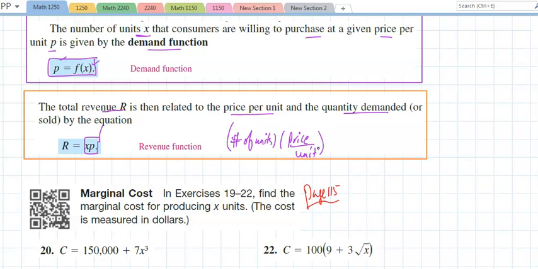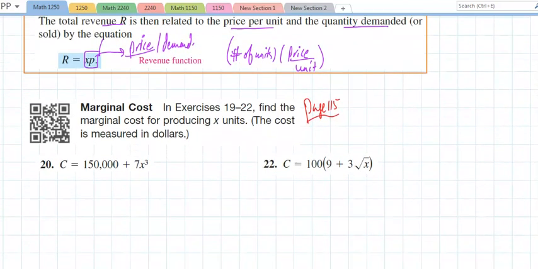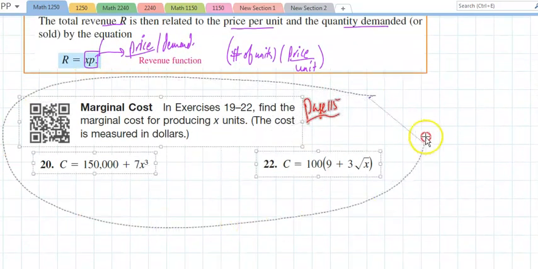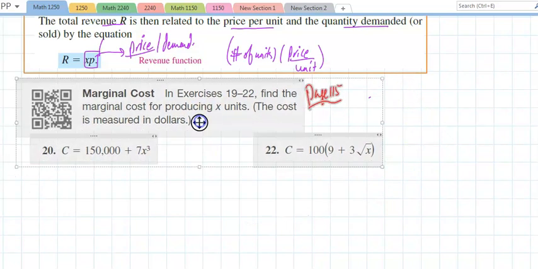So how many units do you want to sell, and what's the price for each unit? You multiply those, that's revenue. Something you need to remember. Sometimes they give you the revenue function, sometimes they don't. But this here is the price function slash demand, and we'll talk about that when we start playing with the functions. So for now, they're giving us what those are.